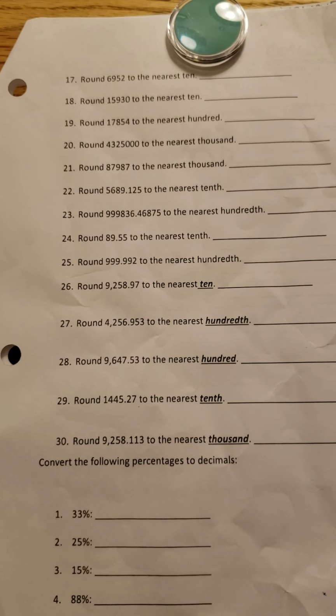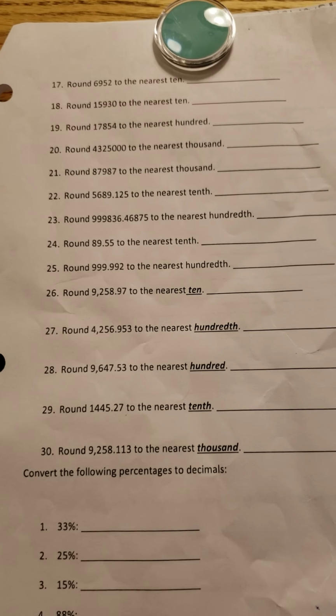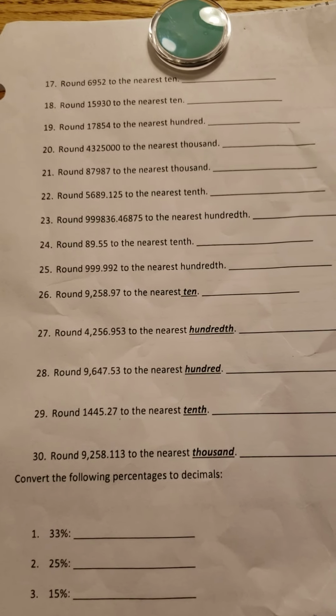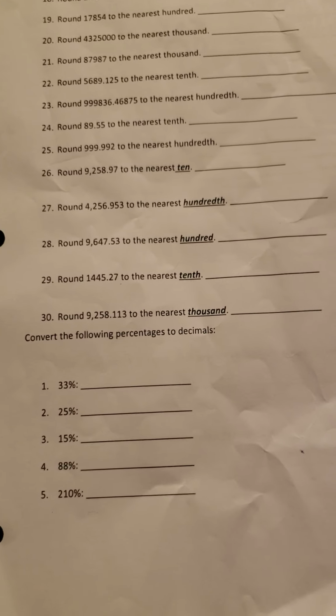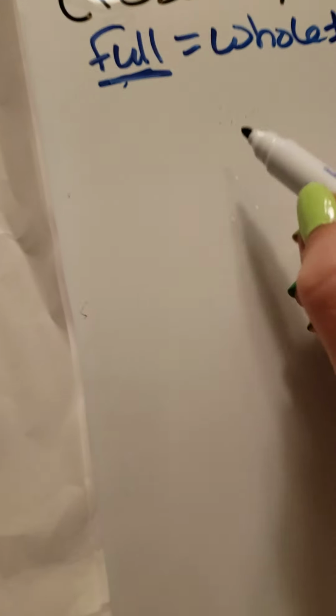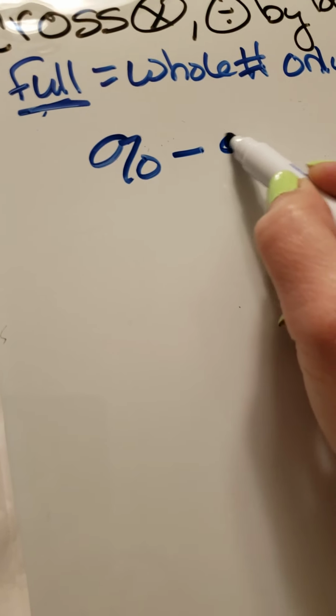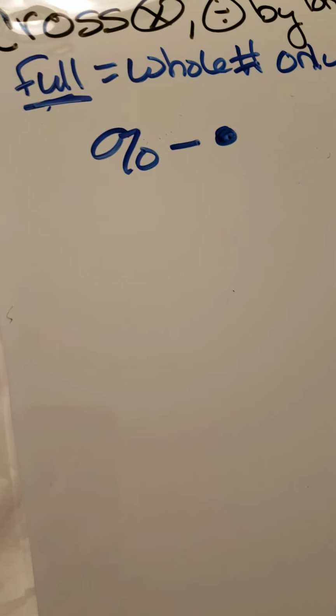Okay, flipping that page over, we get into rounding. We've already had some practice on rounding, so I just want you to continue with rounding on this section. On the bottom part, we are going to convert a percentage to a decimal. So we're going to do percent to a decimal. Okay, there are two ways we can do this.